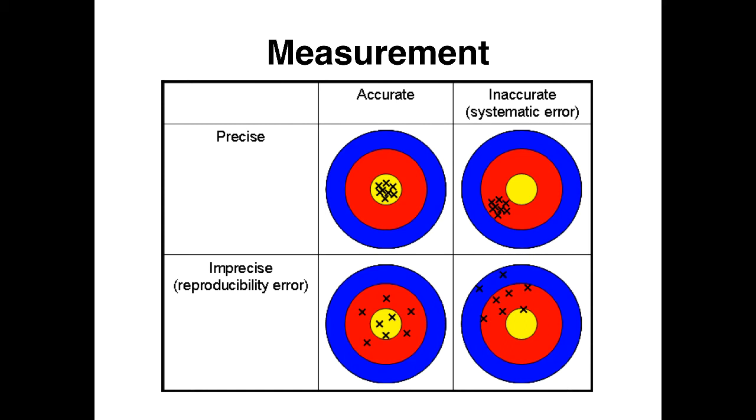So you have precise but inaccurate, and that's called a systematic error, where the other one is called a reproducibility error. And then lastly, you have x's that are far apart and not close to the bullseye. So you have both problems with reproducibility and systematic error.